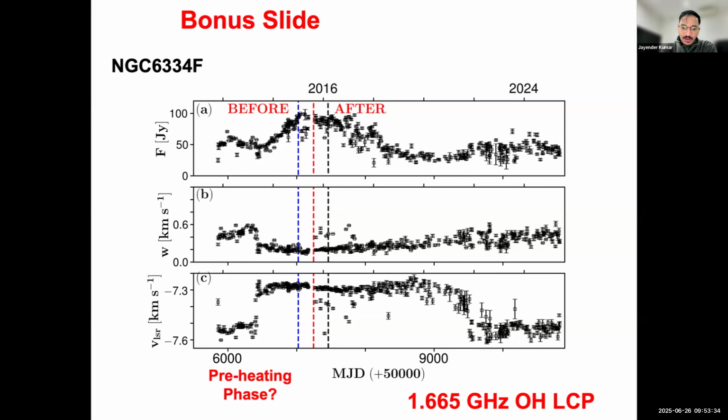It's awesome that you showed these plots. And one thing that really intrigued me a lot is the statement that you said that OH started flaring, there's something funky started happening in OH a couple of years before it started in the methanol.